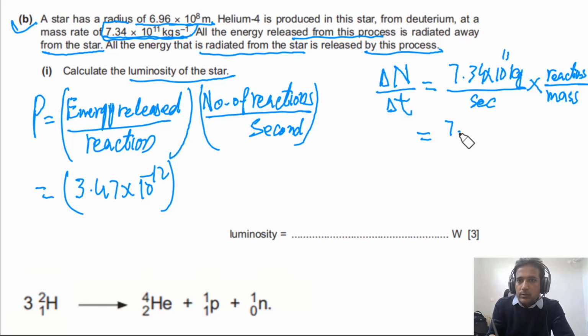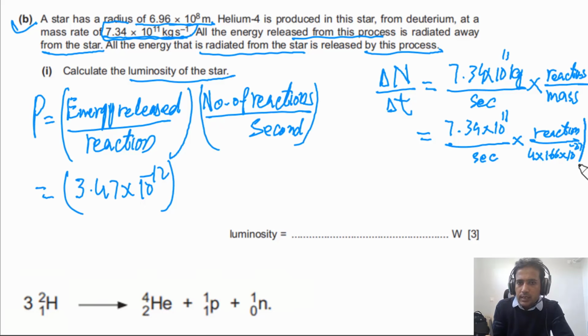So what is the mass of one single helium nucleus? Mass of a single helium nucleus is 4 times 1.66 times 10 to minus 27.